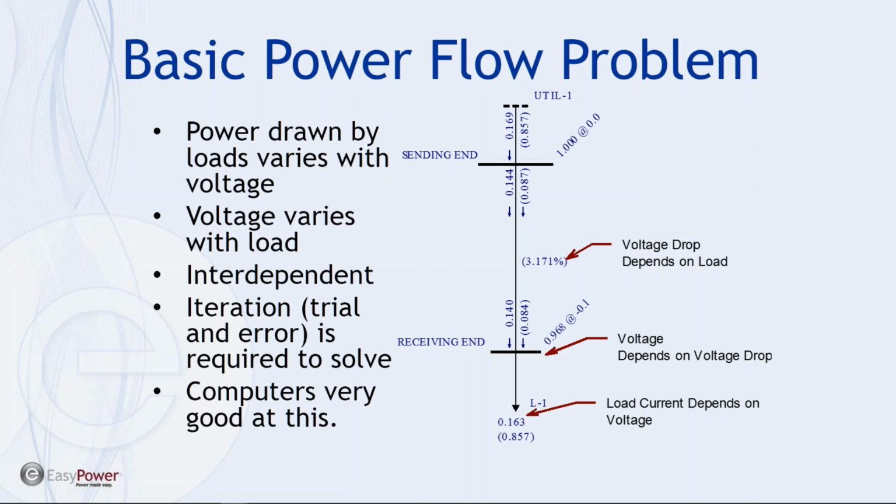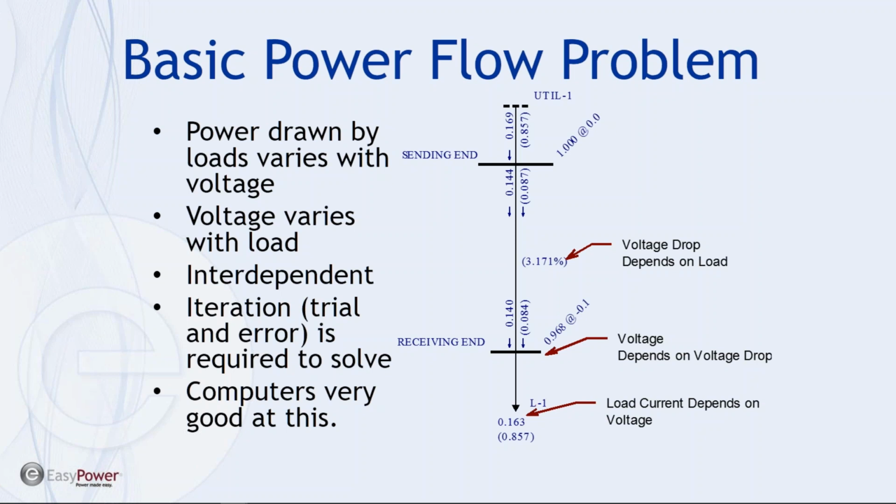It turns out the solution is the result of setting up a series of equations that are interactive, and the bottom line is that the power drawn by the loads varies with the voltage, which varies with the loads. So you have to go through a series of iterations where you solve the equations coming from both ends of that spectrum, and you hope they meet in the center.